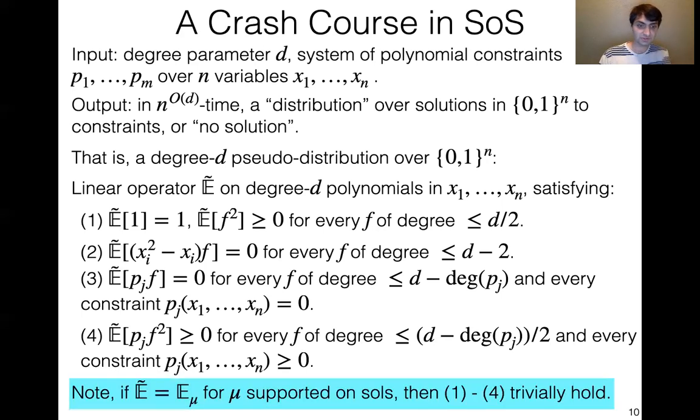If you want, you can pause the video and verify to yourself that if E tilde is in fact the expectation operator for a distribution mu supported on solutions to the constraints, then properties 1 to 4 trivially hold. So this pseudo expectation in some sense is a generalization for low degree polynomials.